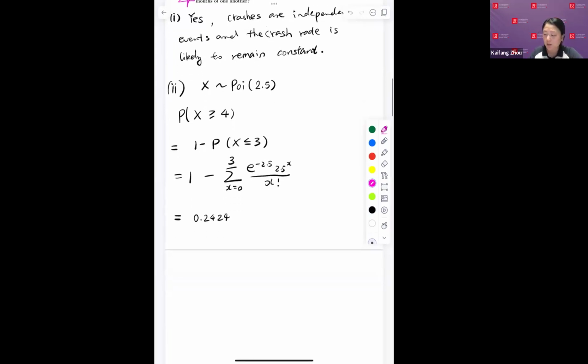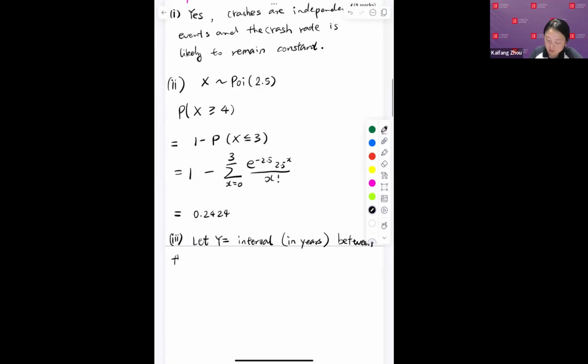So let Y be the interval, in years, between the next two crashes.